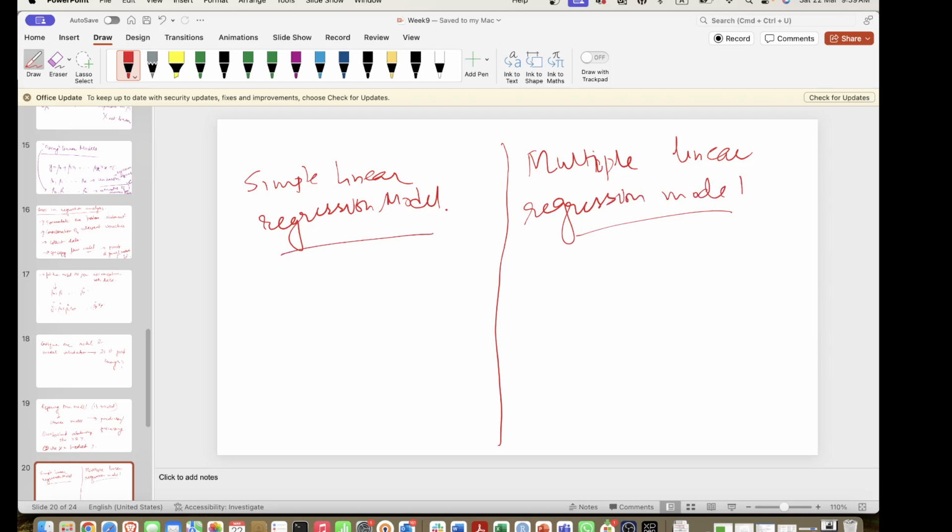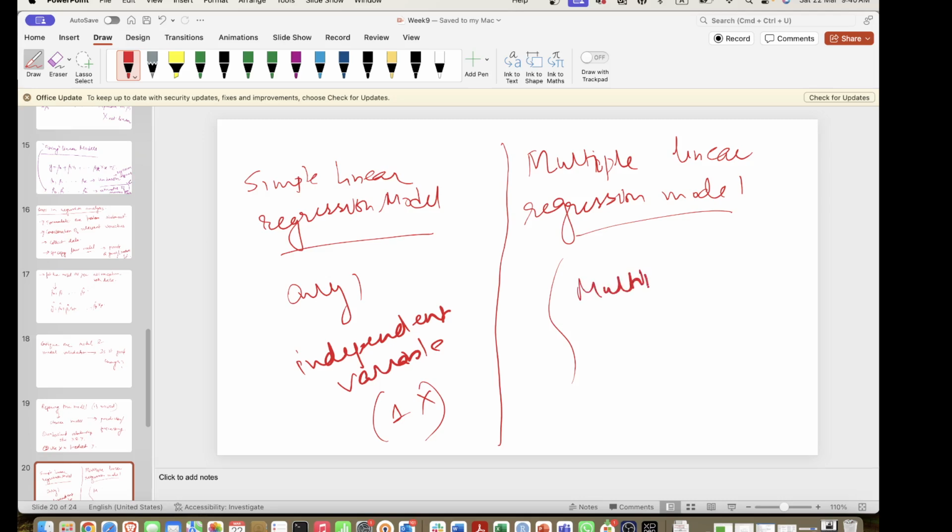So simple means only one independent variable, which means 1 x, and multiple linear regression means multiple x's. So whatever examples I gave you in the previous slides, those were actually multiple linear regression models.